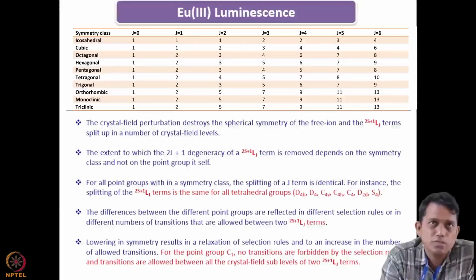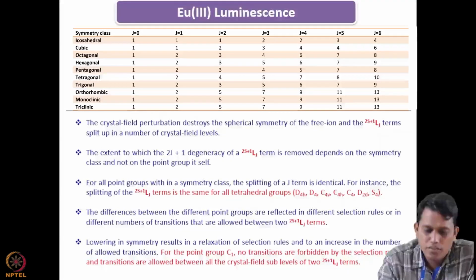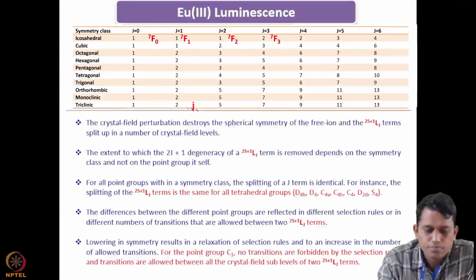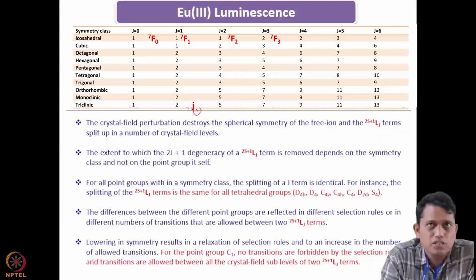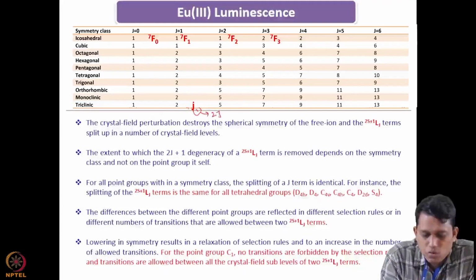To get that information, we have to look at this table. As we know, when we have some states, let us say 7F0 or 7F1 or 7F2, any state with a term symbol, we have seen that these get split because of LS coupling. But what about this state? They further get split because of the JJ coupling, and the splitting is nothing but 2J plus 1.